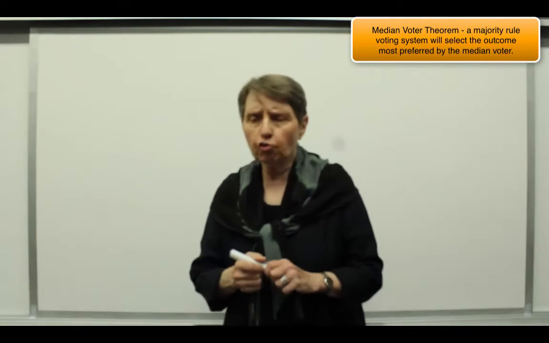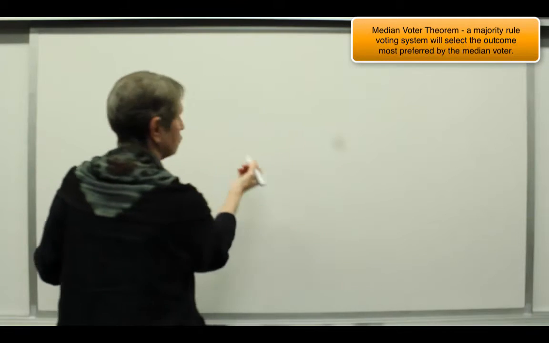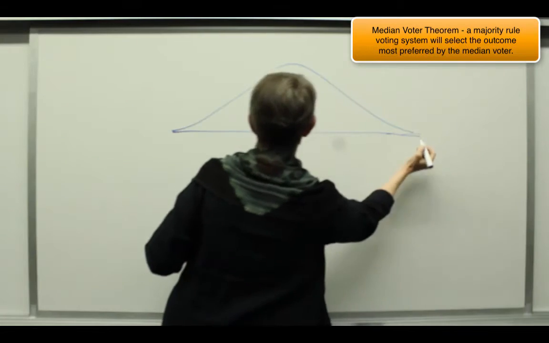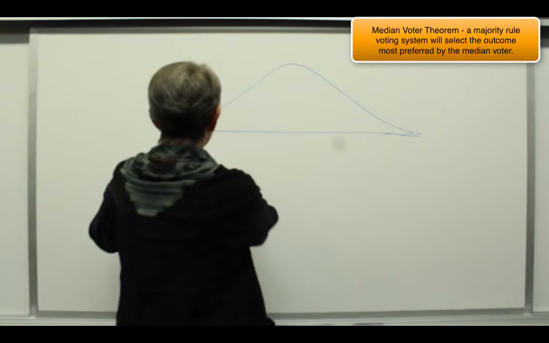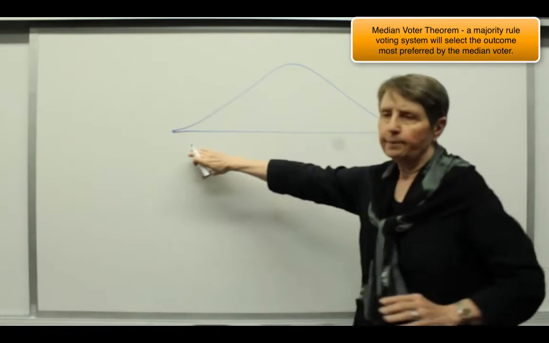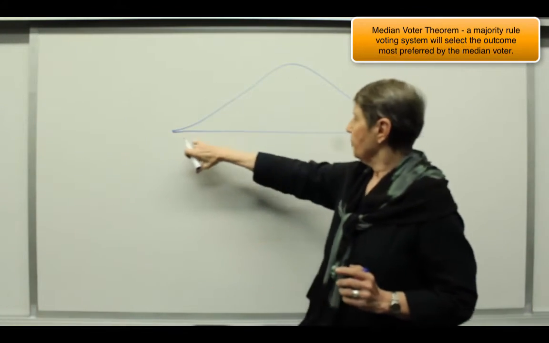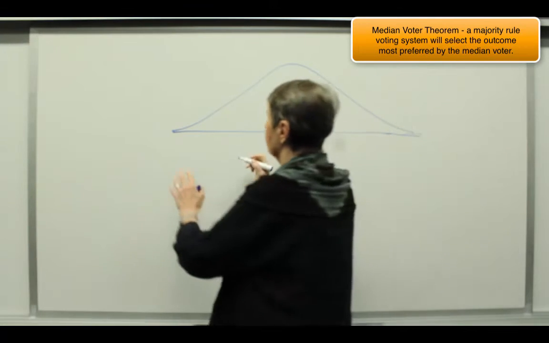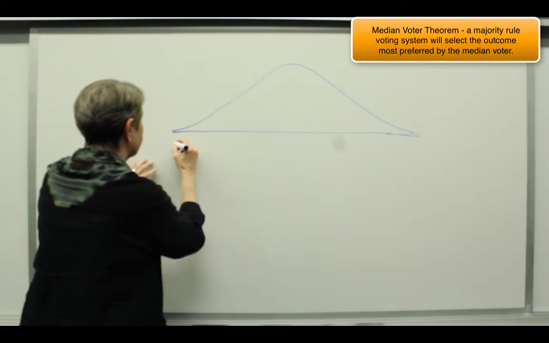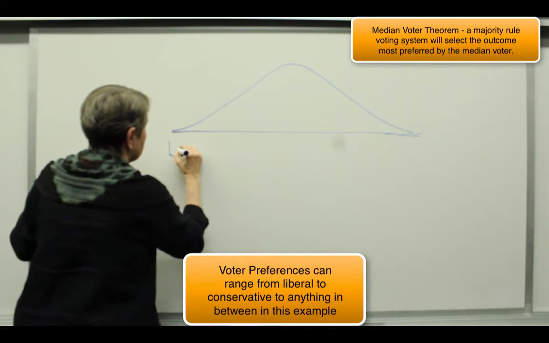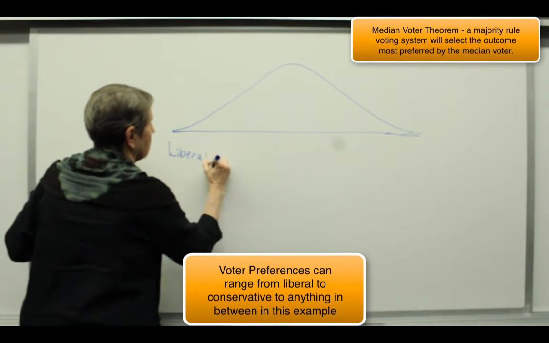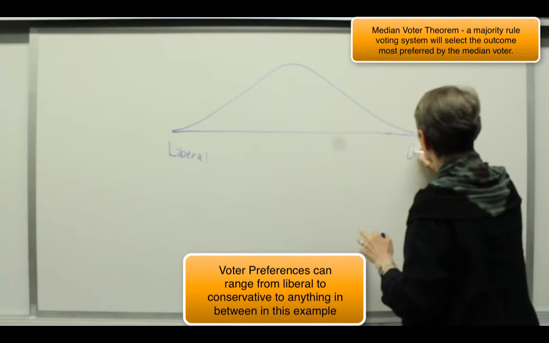And I'm going to draw sort of a bell curve. Okay, so we have voter preferences spread out on this continuum, from some people who are very, let's just call this liberal, and let's call this conservative.